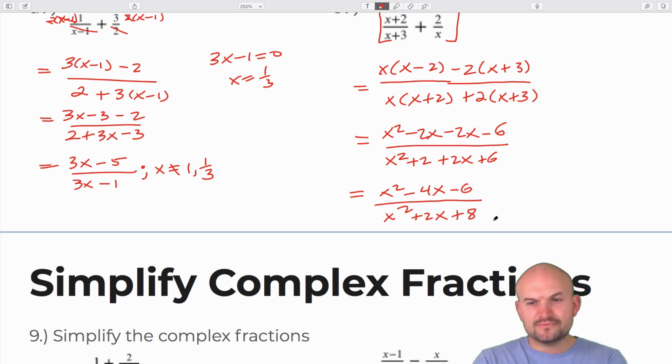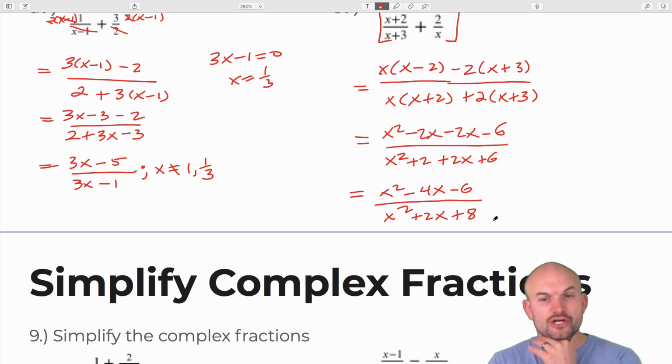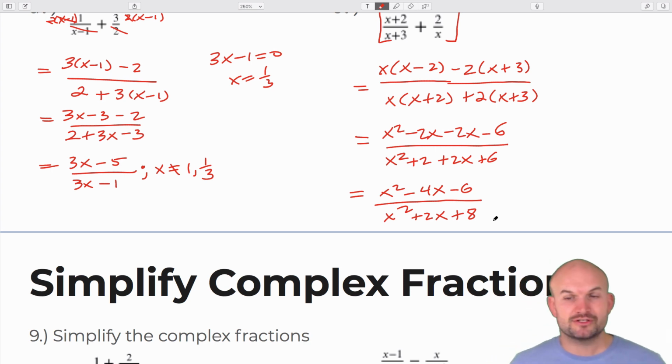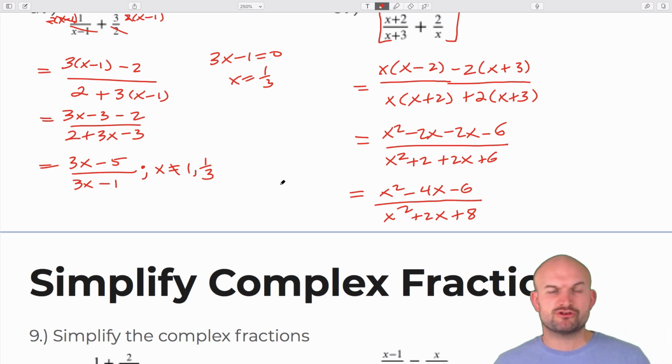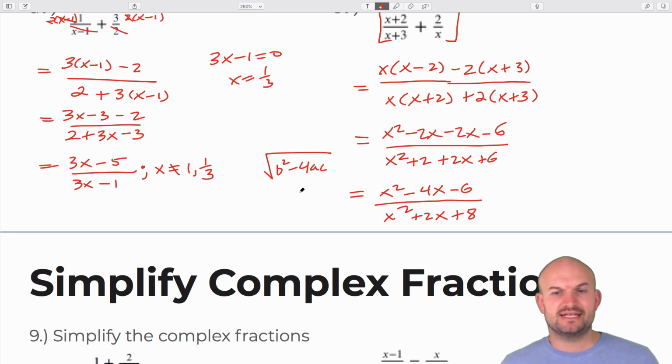Now, that's not factorable, but I want to make sure that it's not going to be any irrational number. So what I could always do is check the discriminant. If you remember, the discriminant in the quadratic formula is b squared minus 4 times a times c.